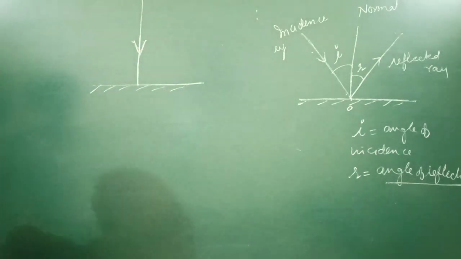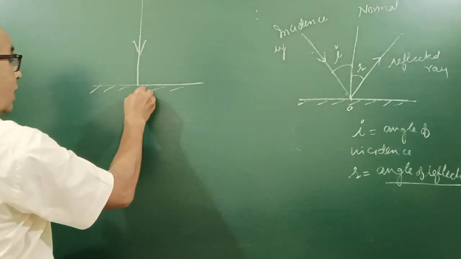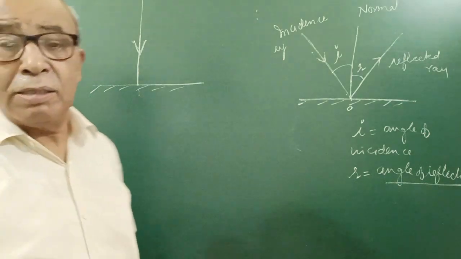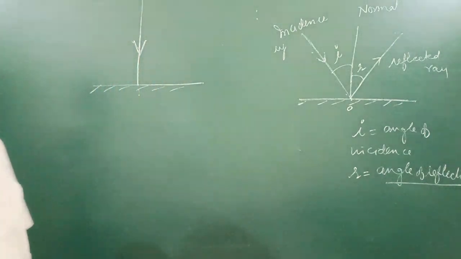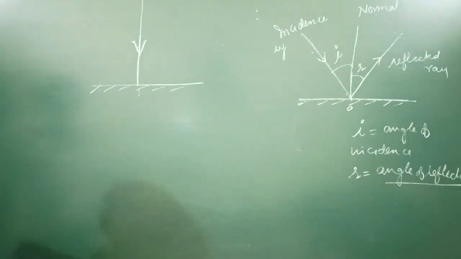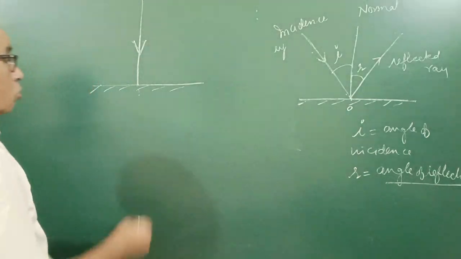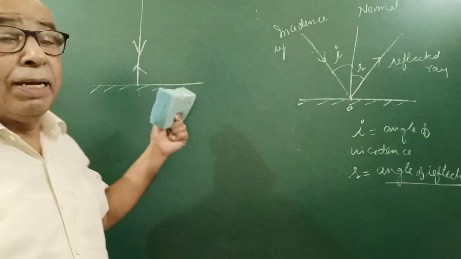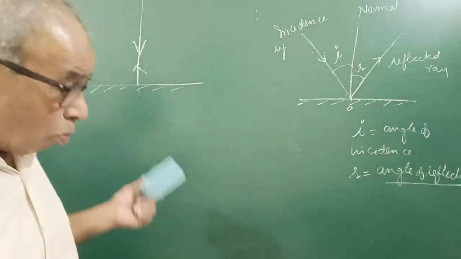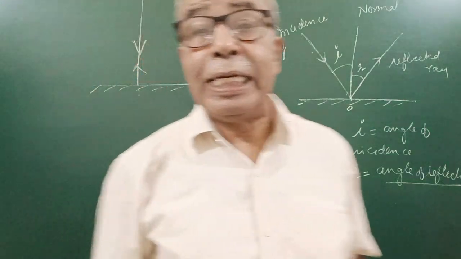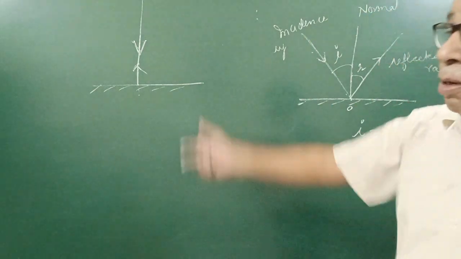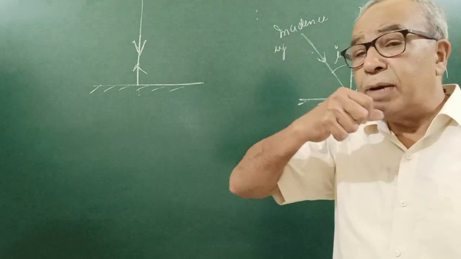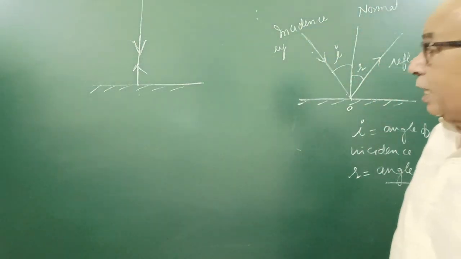No, here the angle of incidence is 0, because the incidence ray and the normal are in the same direction. So when the ray is incident normally, the angle of incidence is 0, and it will go back on the same path. This is a very important ray in our ray optics. We use it many times because it is simple to draw the diagram with the help of the normal ray.